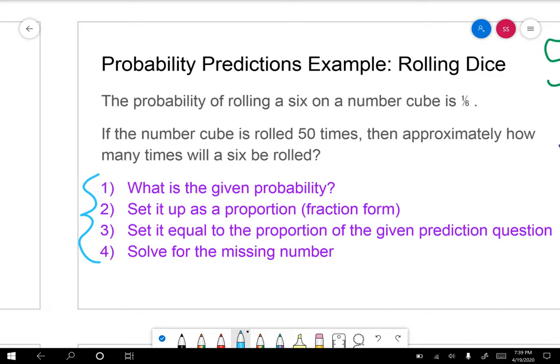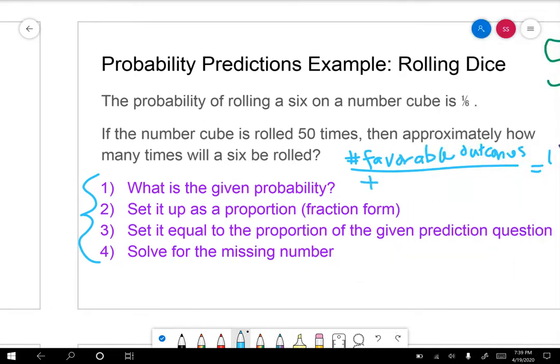So we were given the probability of the number of favorable outcomes. Oh, did not mean to write favorite. Favorable outcomes, which in this case was 1. Oh, sorry.